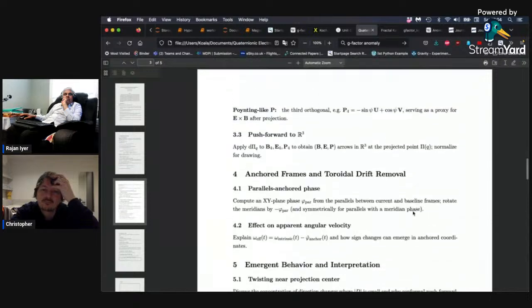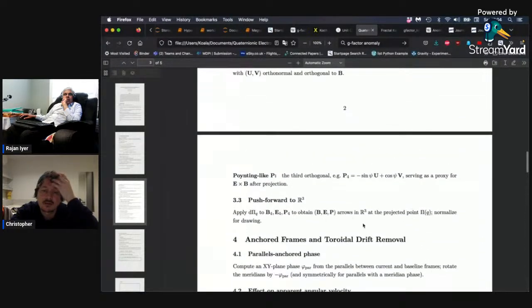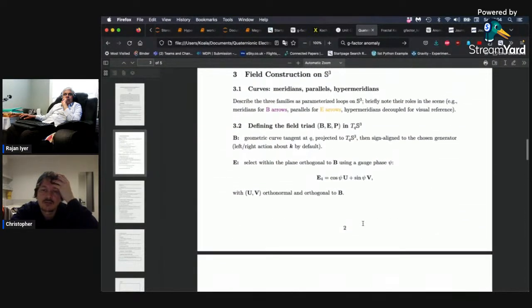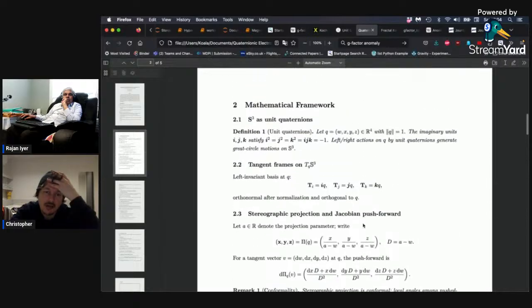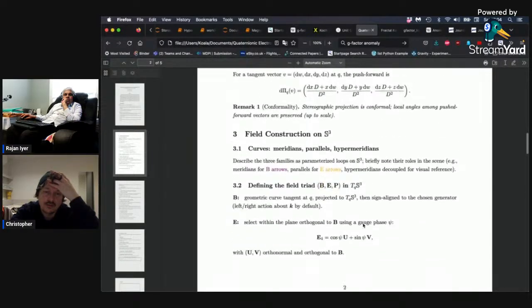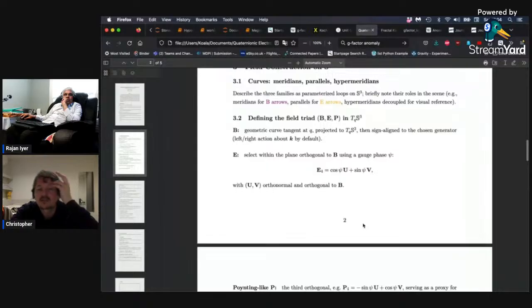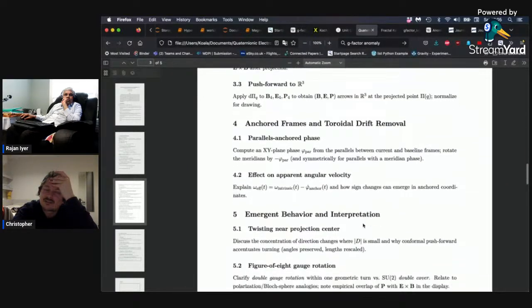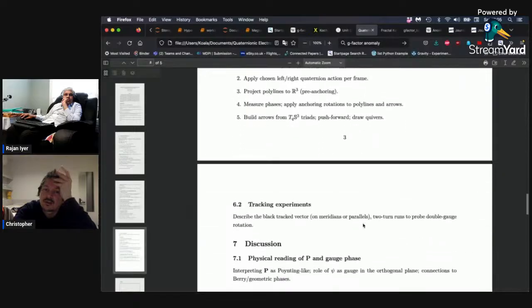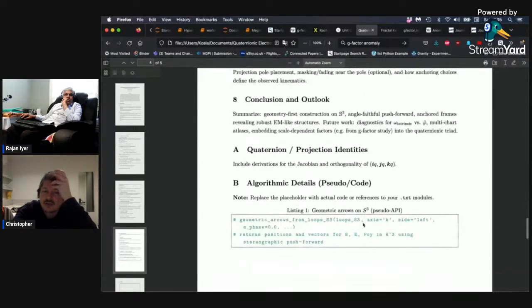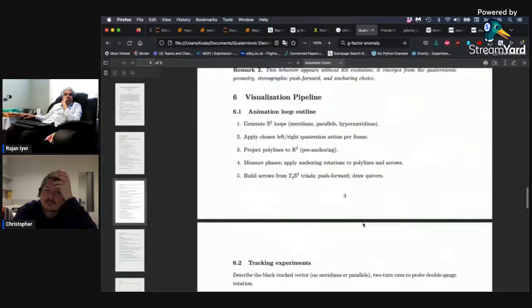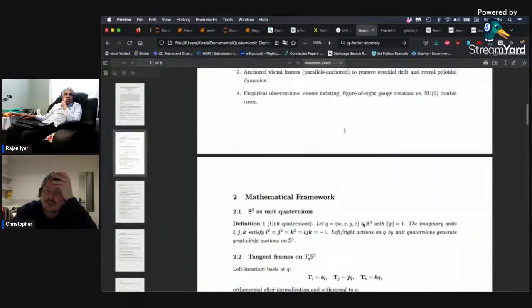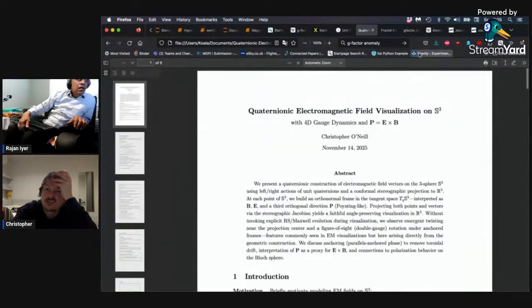So that's where I was getting confused. So then we have the Poynting vector, and we should imagine that it's kind of like a third axis. We should think that the third axis aligns with E cross B, but in fact, it doesn't really appear to. We notice that there is a slight discrepancy, which is interesting. Might be worth looking into further, but I'm not entirely sure how to do it.